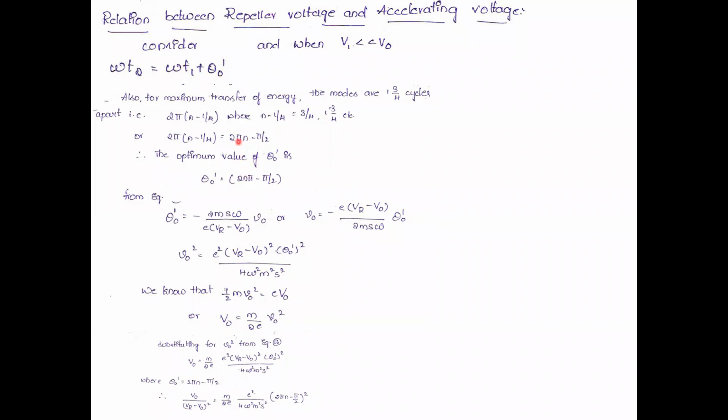Why? Because at this value, I am able to get my fundamental mode, 1 into 3 by 4. Clear? Theta naught equals 2n minus 1 into 3 by 4.